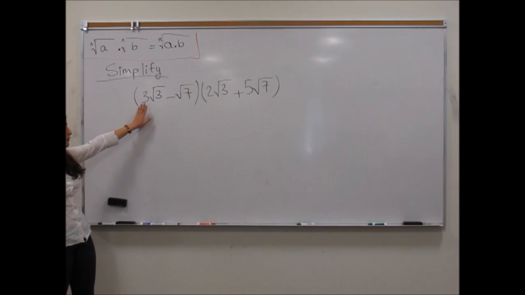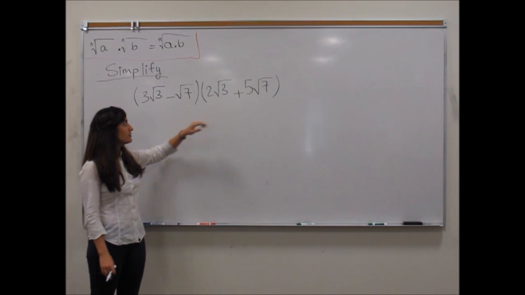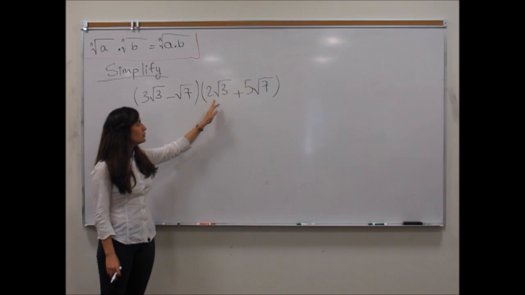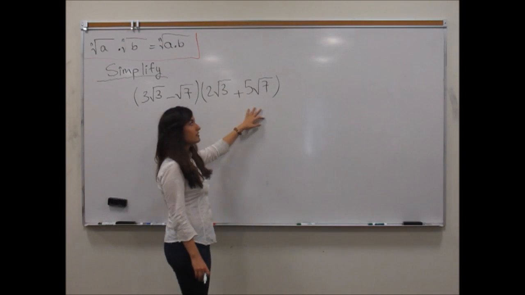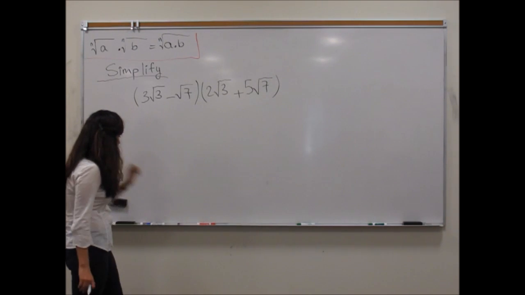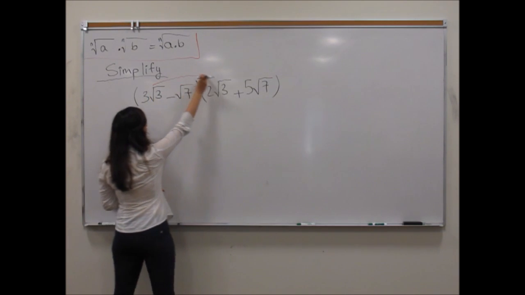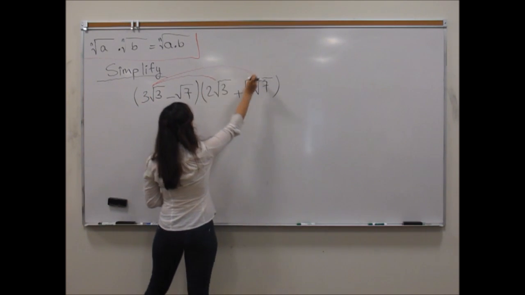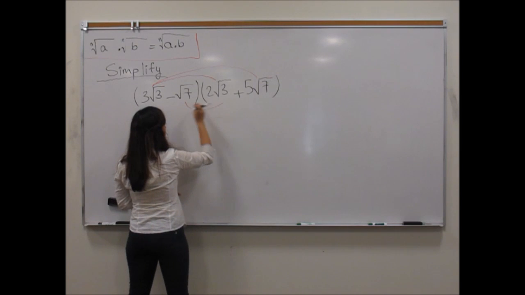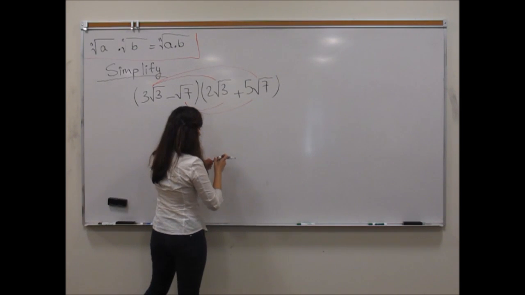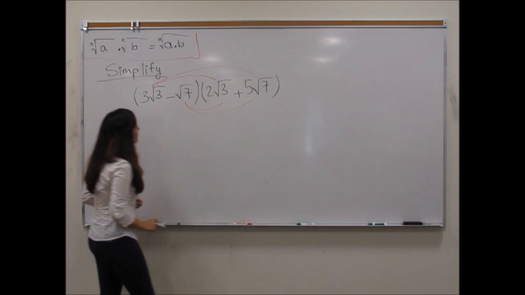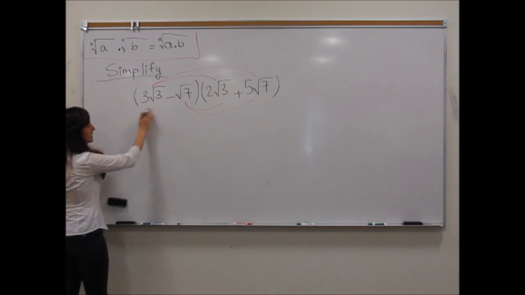Alright, I have (3 rad3 minus rad7)(2 rad3 plus 5 rad7). So let's FOIL this out. 3 rad3 times the first term and then times the second term. Same thing for the rad7. So 3 times 2 gives me 6.